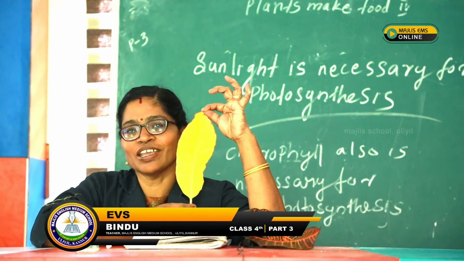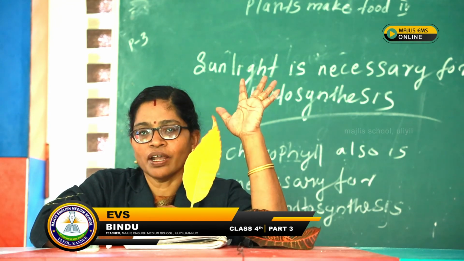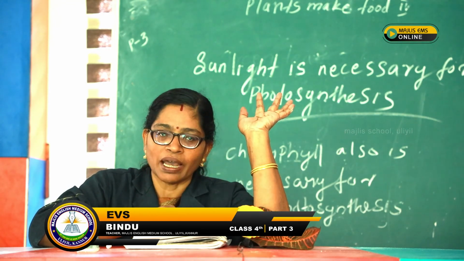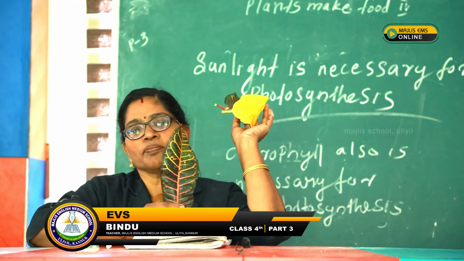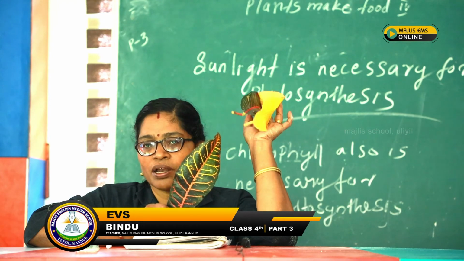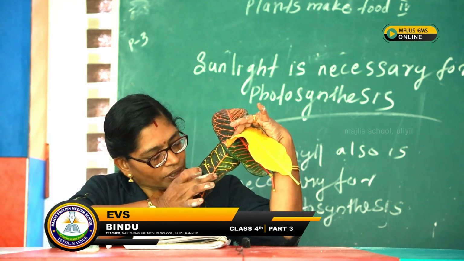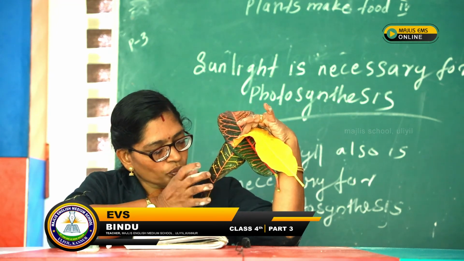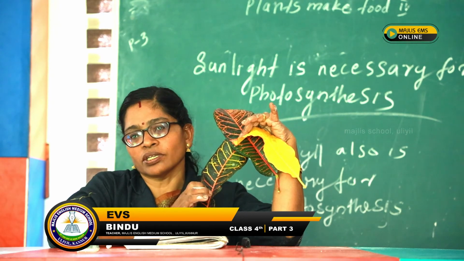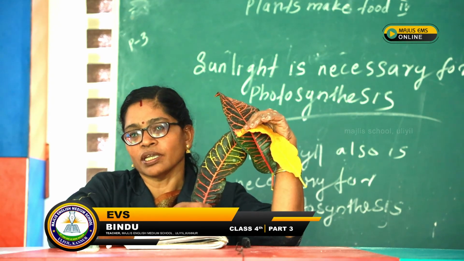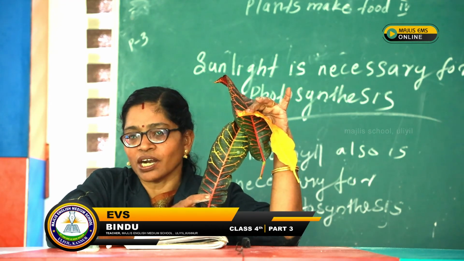This is a leaf of the croton plant. These are unusual plants, and these leaves also contain chlorophyll, but a dark pigment is hiding the chlorophyll. That is why the color of the leaf is dark.